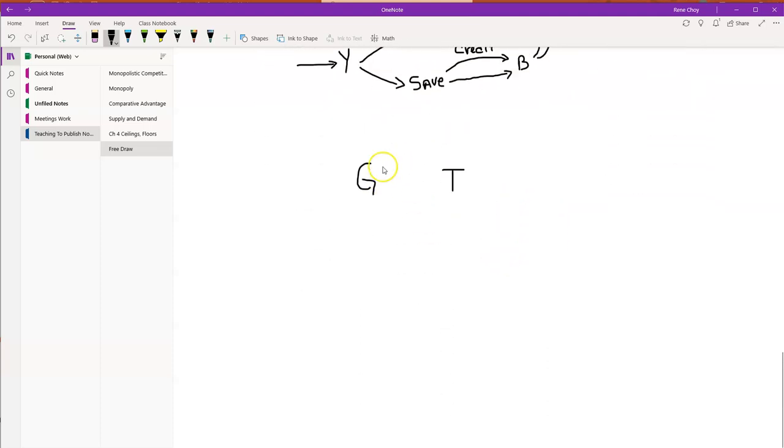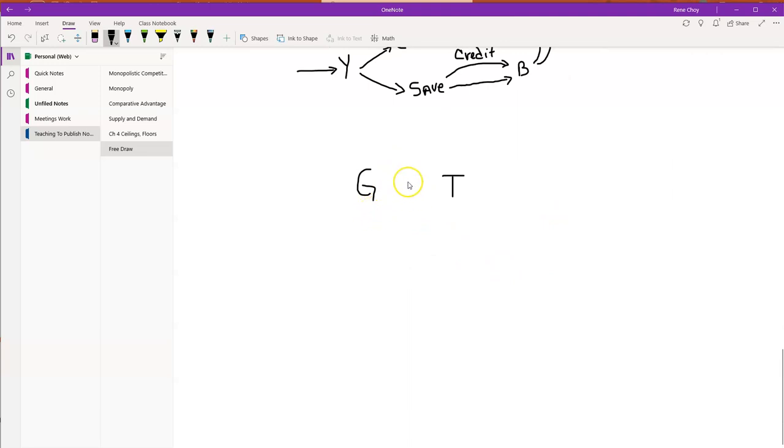If the amount that they spend and the amount that they collect is the same, then the government's running on a balanced budget. Now, if instead the amount of government spending exceeds the amount of taxes, then the government is running on a deficit.